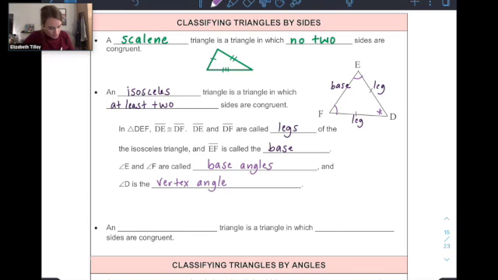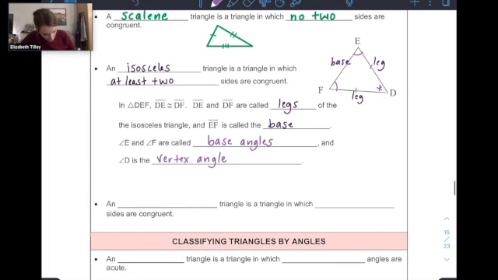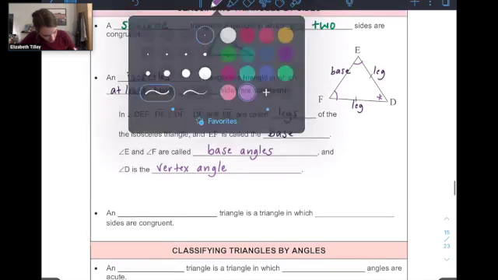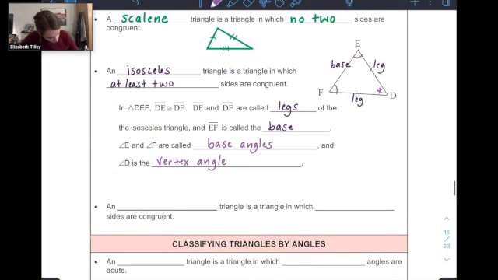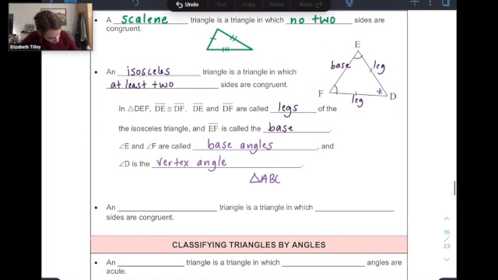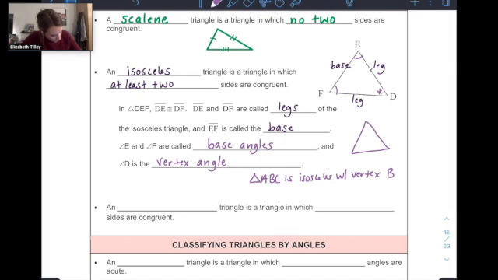So for example, if they told me that I have a triangle, actually let me write this with a symbol. If they say triangle ABC is isosceles with vertex B, that means that if I think about drawing a triangle, I'm going to straighten this out here.